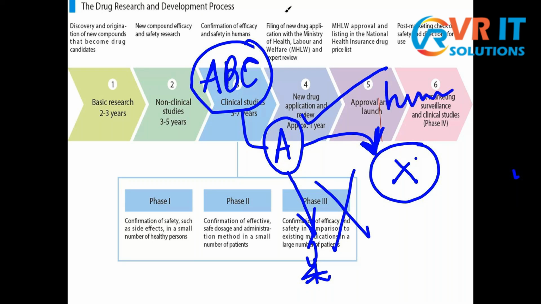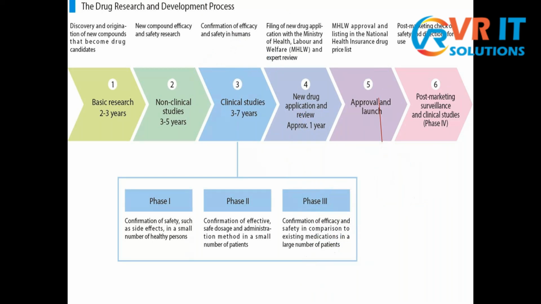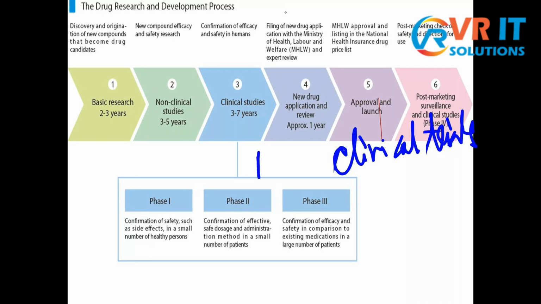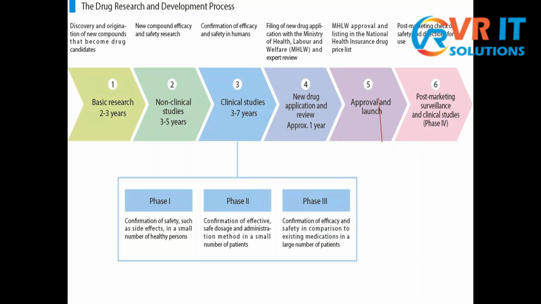That test is called clinical trials. The drug cannot be given directly to human beings, so there is a lot of pre-process for that. As you can see in this slide, the organization or company develops a chemical compound or a treatment for a particular disease.